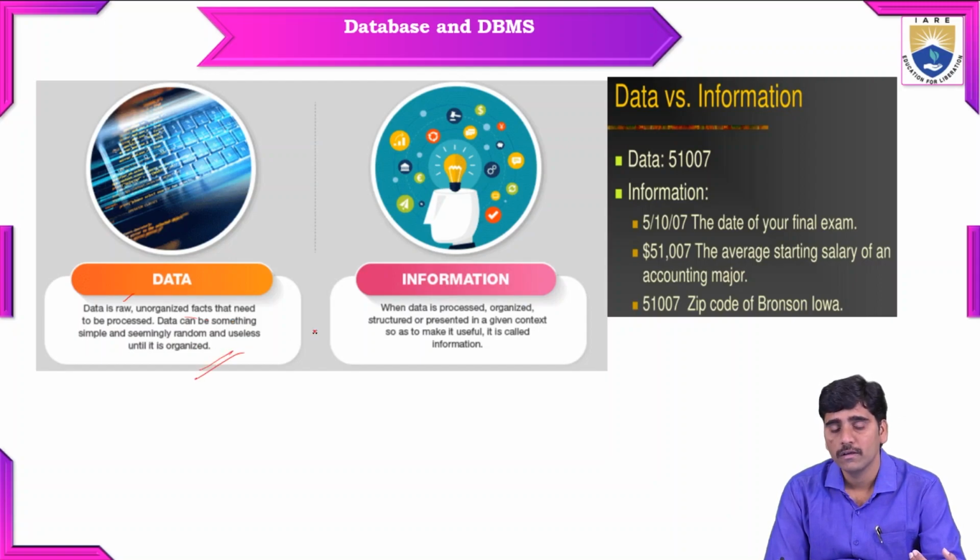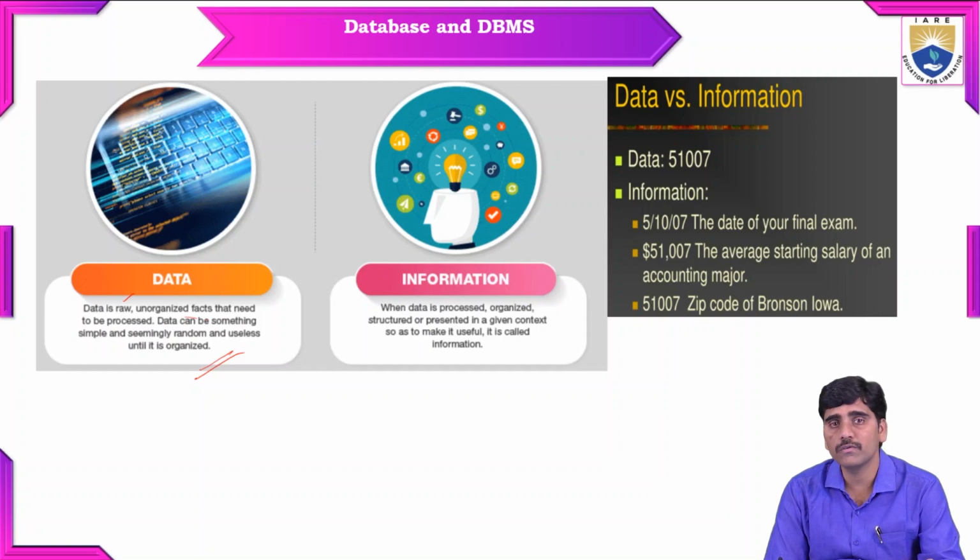Before it is organized, it is not meaningful. When the data is organized, it becomes meaningful. So data is raw or unorganized facts that need to be processed. Without processing and organizing, the data cannot be meaningful.